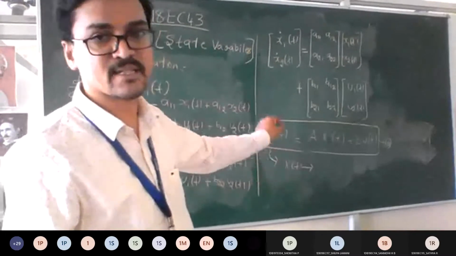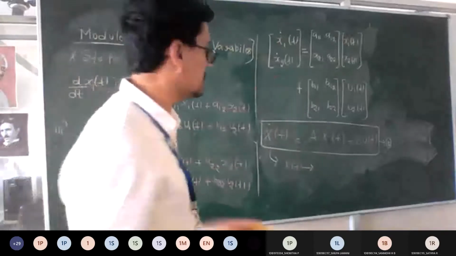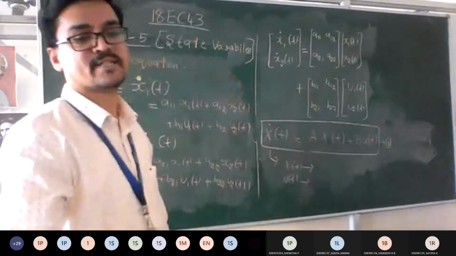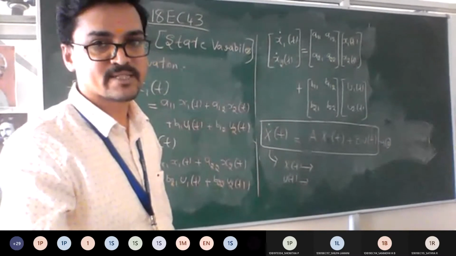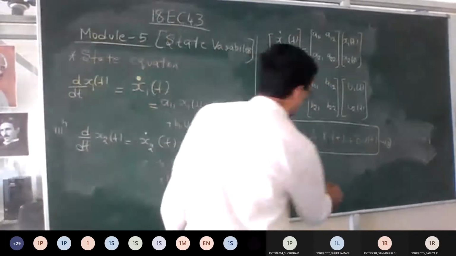So x of t represents the state vector matrix. Similarly, u of t represents the input vector matrix. Then what is A?